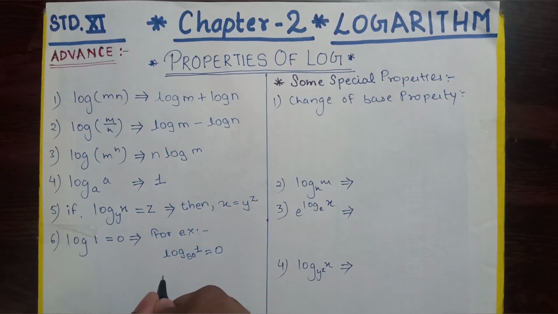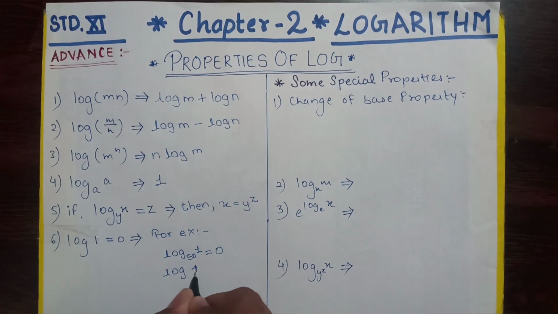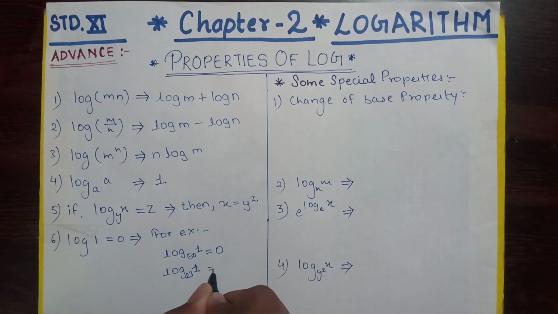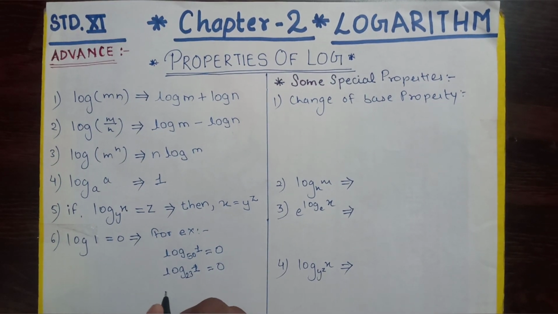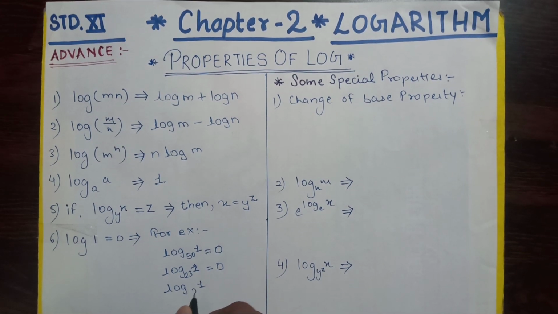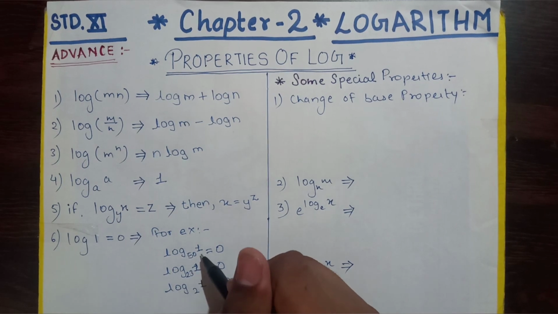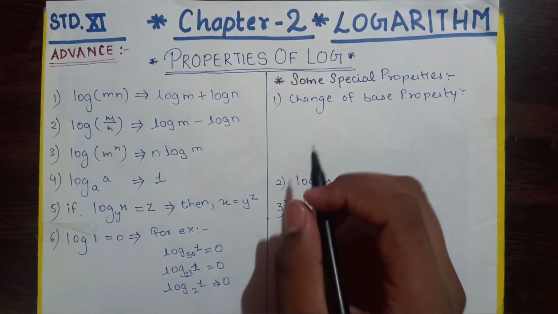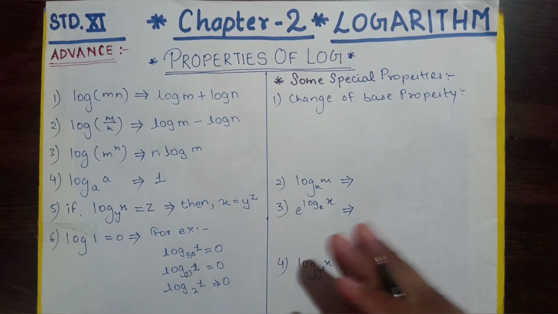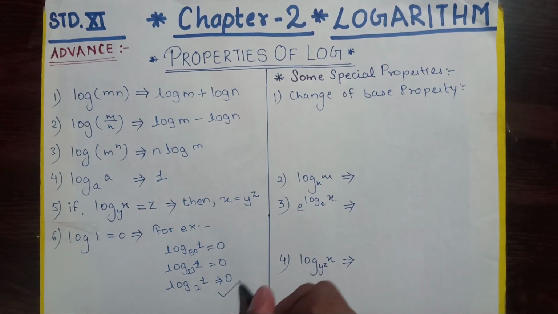Second example, log 1 to the base, say, 23 would also equal 0. Log 1 to the base 2 would also equal 0. So if 1 is at the number's place, then whatever the base, it would always equal 0. I hope you have understood till here.